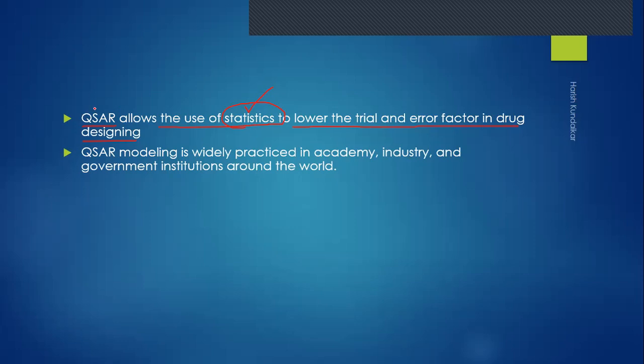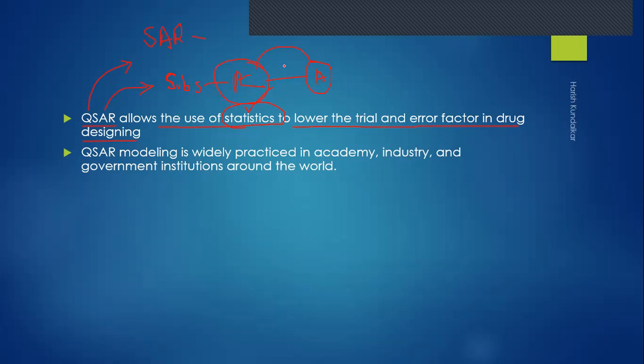In one of our previous lectures, I had explained the difference between SAR and QSAR. In SAR, we talk about how the substituent change leads to a change in the activity. But in QSAR, we look at how the change in substituent changes the physicochemical properties and how that affects the activity. So here we talk about the physicochemical properties in addition to the activities.